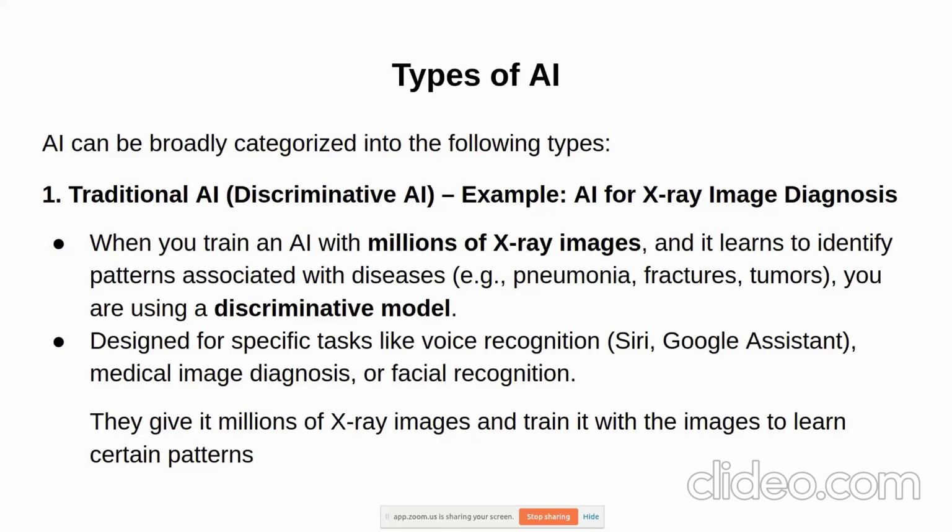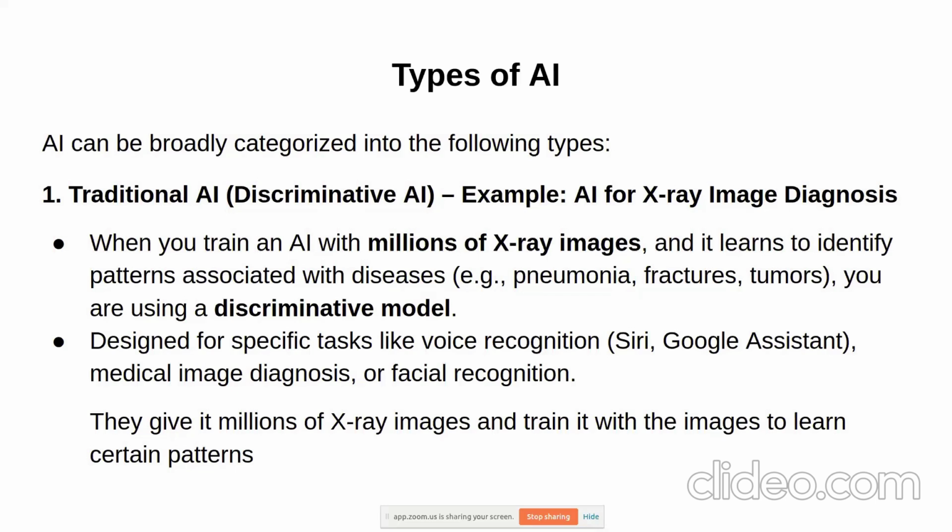For instance, you try to teach the computer to be able to discriminate between one set of things from another set of things. So, for instance, we load over 100,000 X-rays into a computer, and we train the computer to be able to identify X-rays that are for pneumonia and X-rays that are for maybe fractures, X-rays for tuberculosis and the rest.